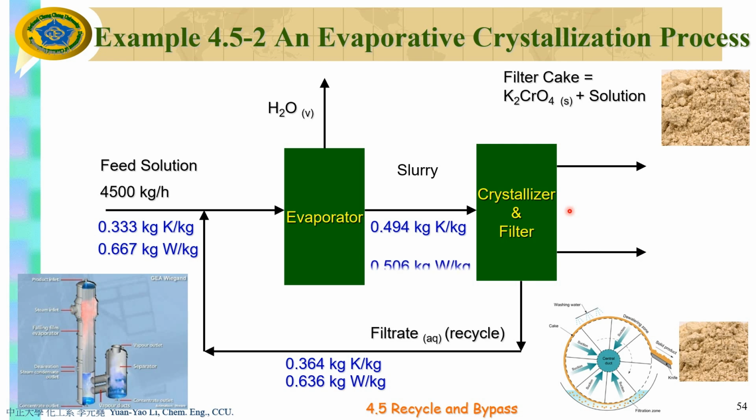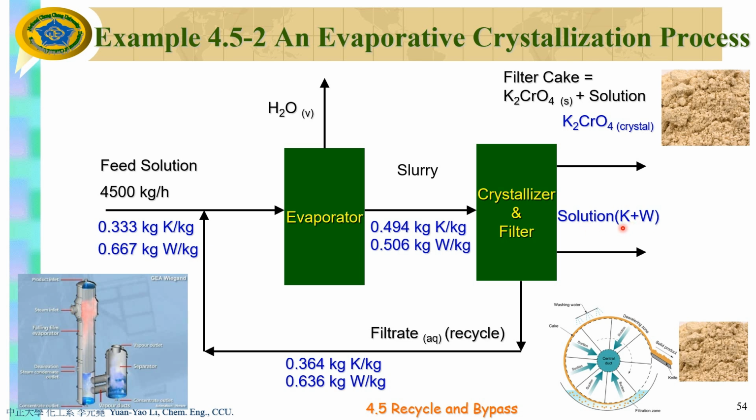So as you can see, here is the potassium chromate crystal, this is crystal. So you have 100% crystal, and you have solution, which is potassium chromate plus water on the slide here. That's why I want to make it clear. So this is pure solid in this stream. Of course, this is only one stream, but I want to make it clear anyway.